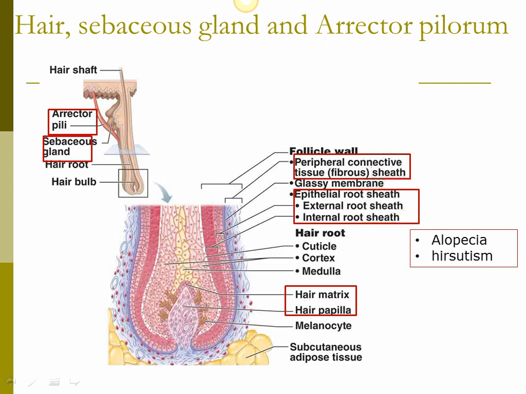There could be a case where there is an autoimmune condition where the hair follicles are attacked and they are permanently at rest, so they are inactive. Then the person loses hair at that point. You have bald spots. That is known as alopecia areata. Alopecia is a term which means baldness, and this is when the hair follicles are inactive.